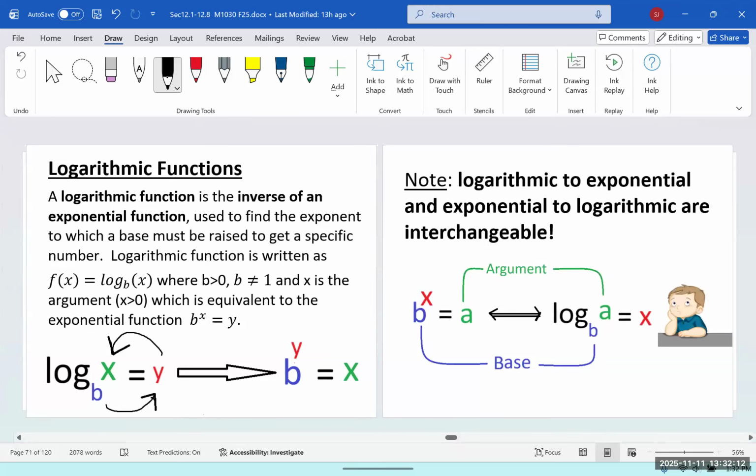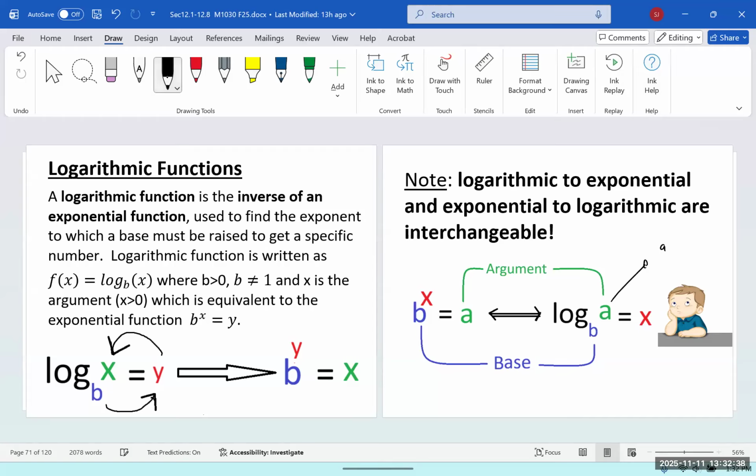And also whatever we have next to the log, we call the argument. This argument has one condition. It has to be bigger than 1. Bigger than or equal to 1. No, not 1, sorry. It has to be strictly bigger than 0.